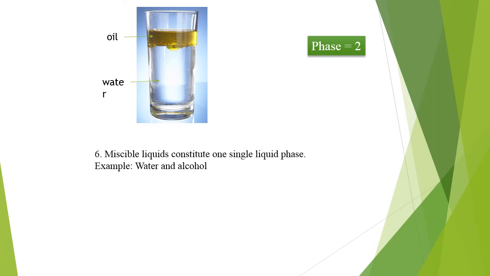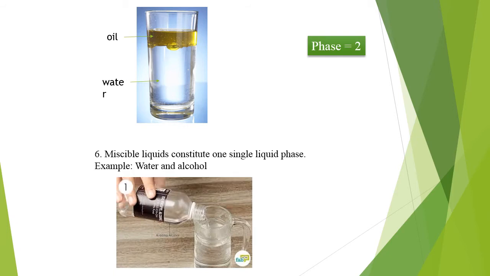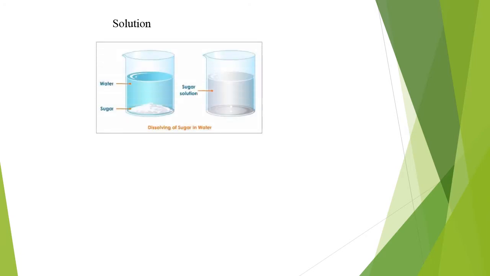Now, miscible liquids constitute one single phase. Take water and alcohol. I am mixing water with alcohol and I am not able to distinguish both, so it forms one single phase. Solution: if a salt is dissolved in water, on dissolving, see the second beaker, I am unable to distinguish the sugar and water.